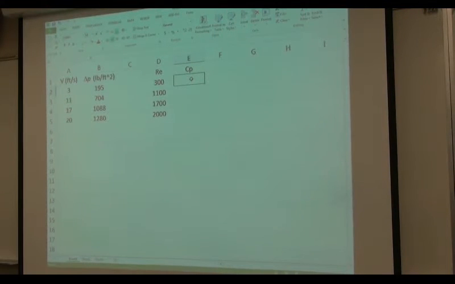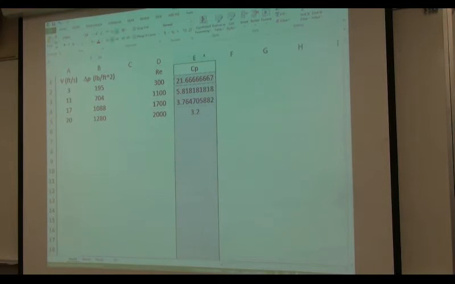Pressure coefficient Cp is given by delta P divided by velocity squared. Okay, so I got that. This is the pressure coefficient. I'm going to copy and paste cells. There we go. So this is the calculated Cp.